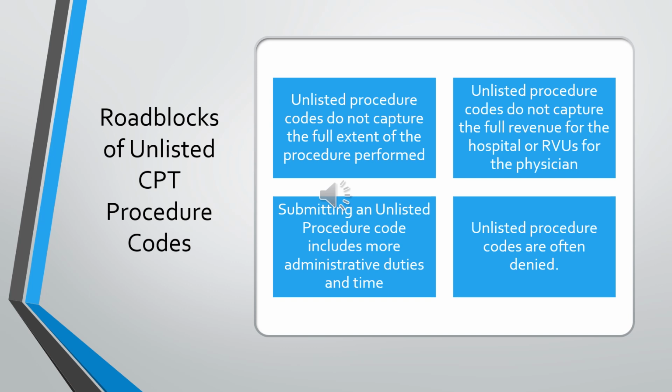The third roadblock listed here, submitting an unlisted procedure code includes more administrative duties and time, and that's something that we'll get into on the later slides. And last, unlisted procedure codes are often denied by the payers that they're submitted to.